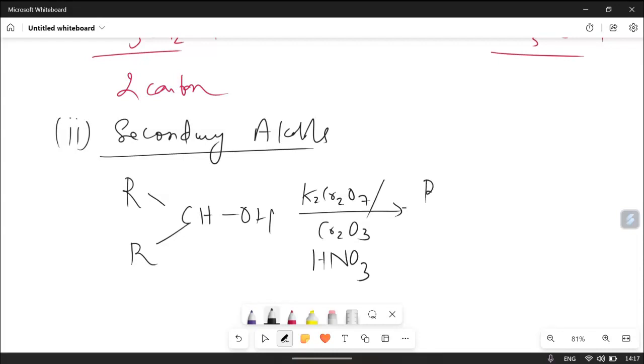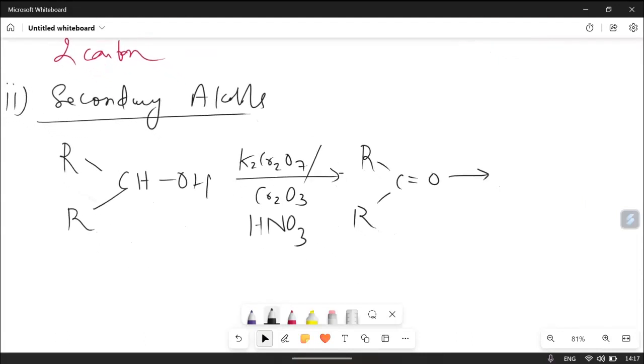So it will form ketone first, R2C=O, and further oxidation gives RCOOH plus CO2 liberated plus water molecule.